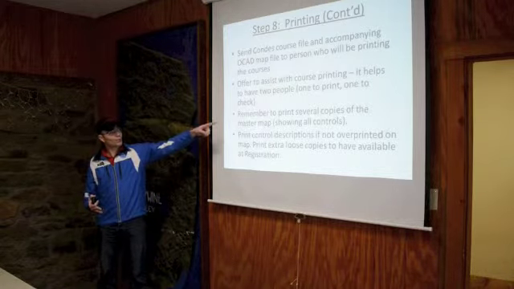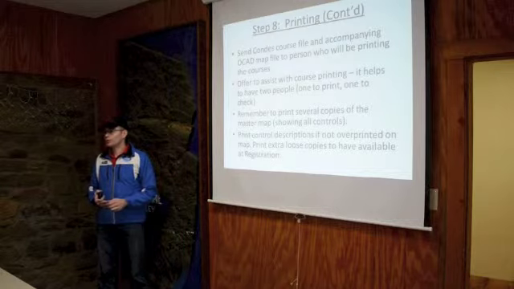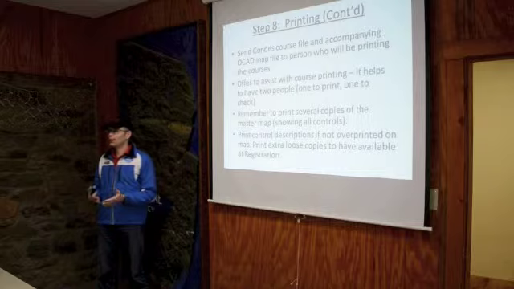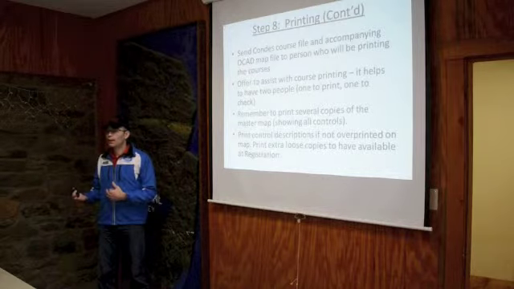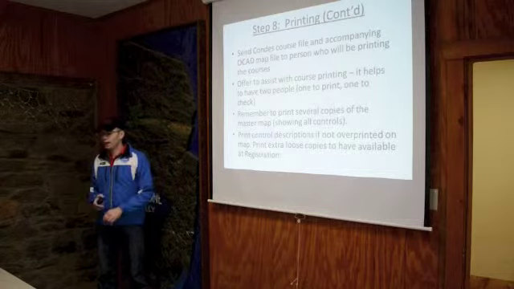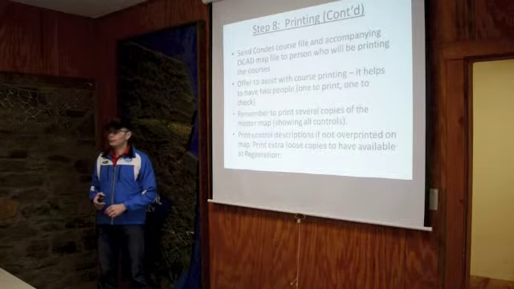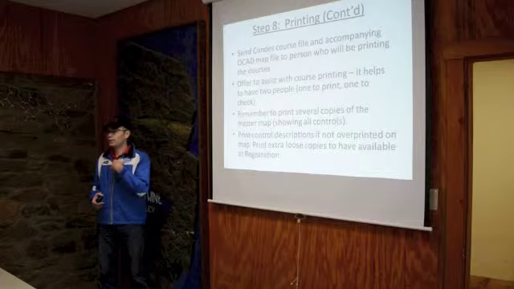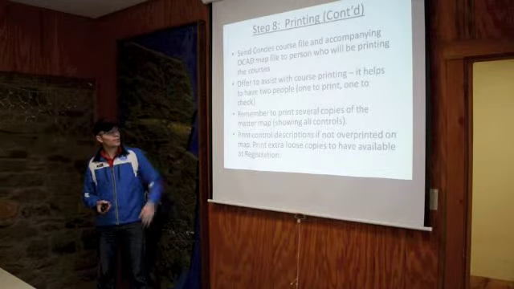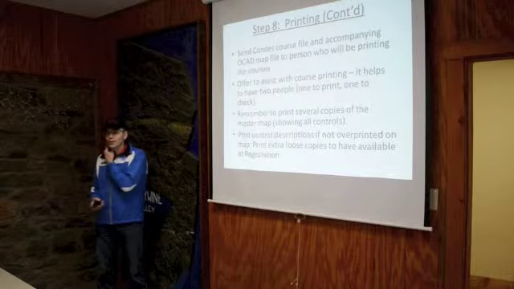So, third bullet point, also very important, you really want to have a couple extra copies of the master map with all the controls on it. And when you're doing the course overprinting, it's very easy just to run off a master control map, and then when you're doing control hang or control pickup, you have that. And then print the control descriptions.